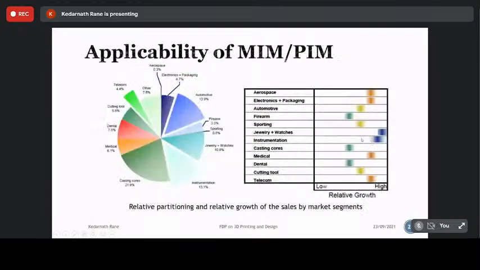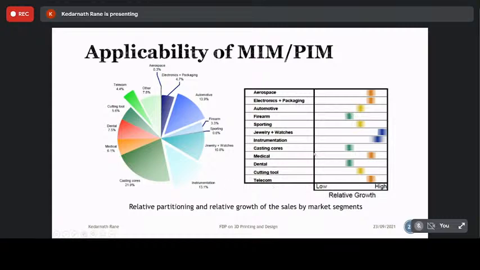When it comes to the use of the MIM and PIM process, relatively growth is there. On the x-axis you can see low and high. Although the process is very mature for jewelry and aesthetic applications, instrumentation, and very complicated systems, it is equally appreciated for aerospace, electronic packaging, medical and telecom industries.